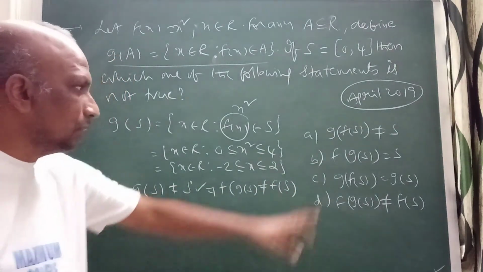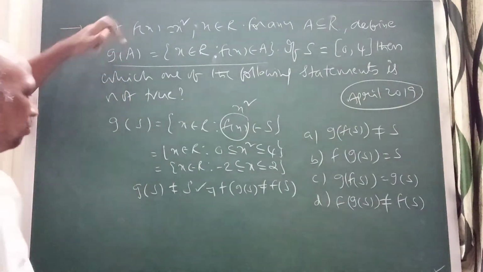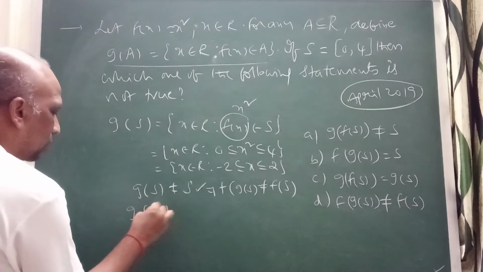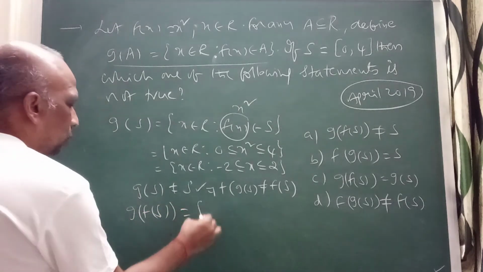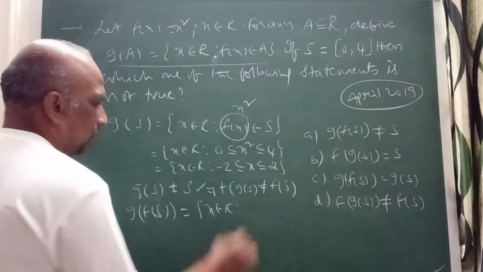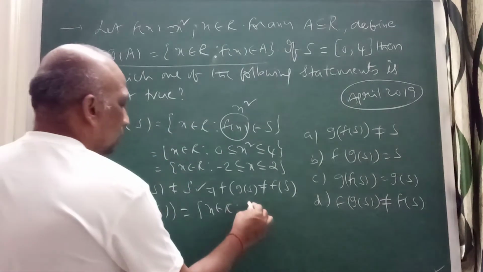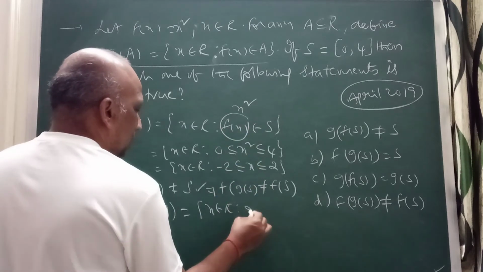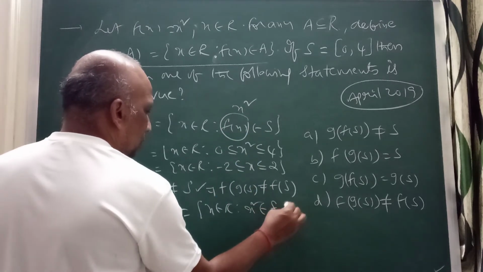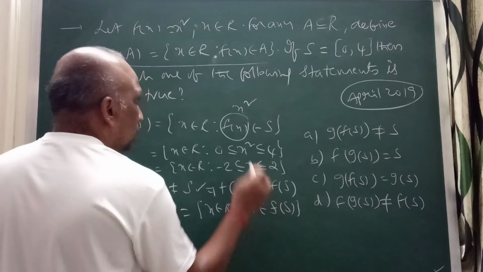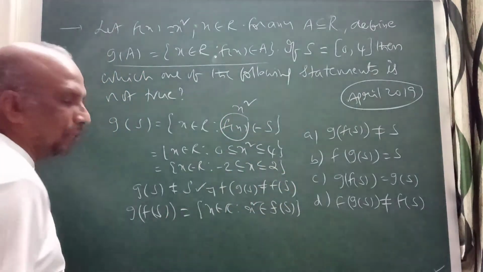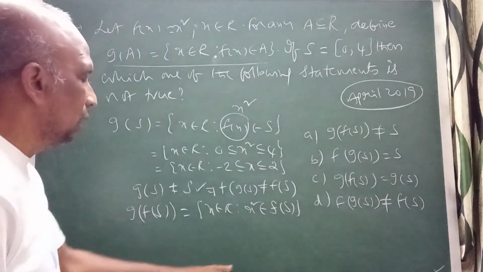Now I will check g of f of s. Suppose we replace a with f of s, g of f of s. Suppose x belongs to R such that when I replace g of f of s, this will get f of x, you can write f of x square belongs to f of s, right? Correct? This is x square belongs to f of s. But you can check what is f of s.